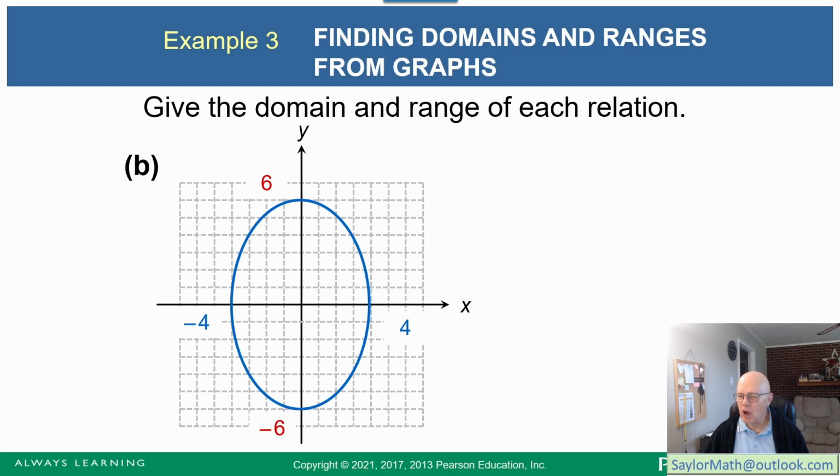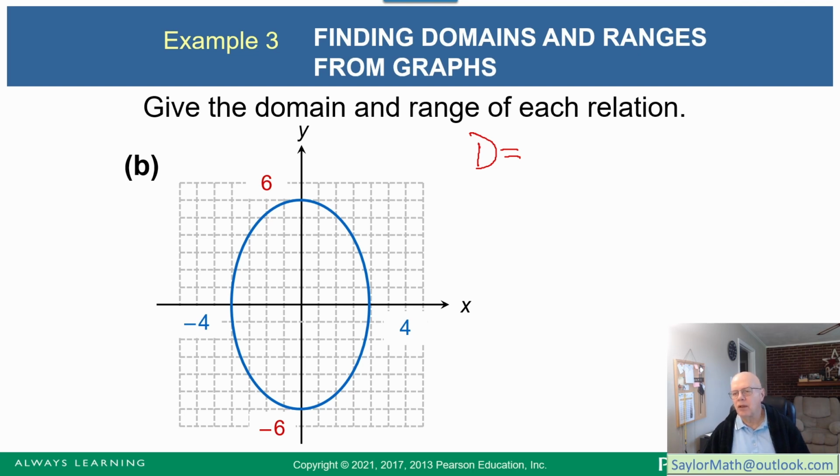How about the domain and range of this one? This isn't quite as easy because it means that we have to work with more than just a few ordered pairs. So we have to be a little bit careful about this one. So first of all, what's the domain? Well, the domain represents all the x's.